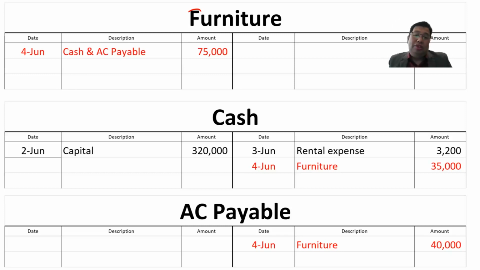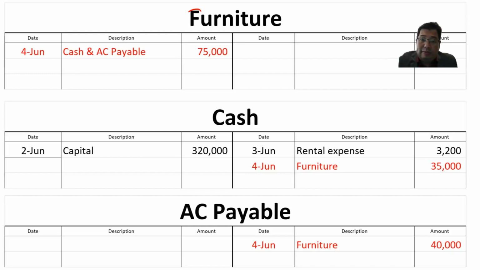So this is the story. And finally, for account payable, this is liability. So your liability increased by 40,000. So we are going to credit our liability 40,000, and I'm going to put the description. This liability is for buying the furniture.